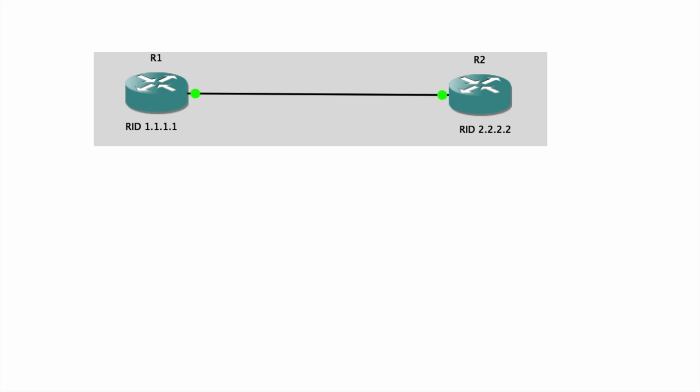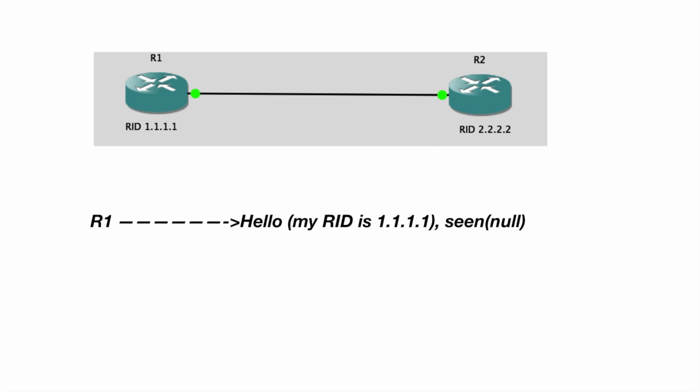So let's take a look at how the neighborship actually works. We have two routers connected using an Ethernet cable, and the link is up. OSPF is just configured, and let's see how the hello message gets exchanged and they become neighbors. Number one, R1 sends a hello message to R2 saying, hello, my router ID is 1.1.1.1 and I don't see anything, right?